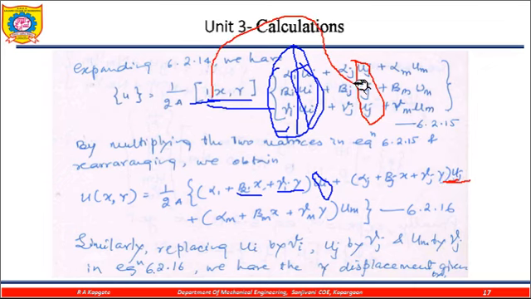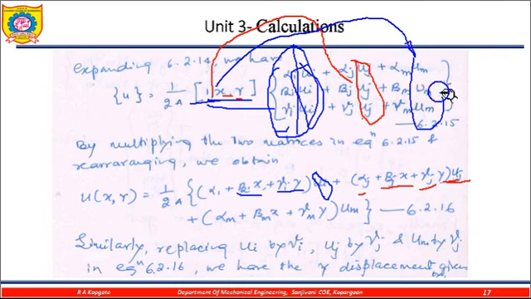Then this multiplication, 1 into alpha j, then x multiplied by beta j, then y multiplied by gamma j. Similarly this is the third multiplication, again with the common term and the rest the same, so we are getting a displacement matrix.